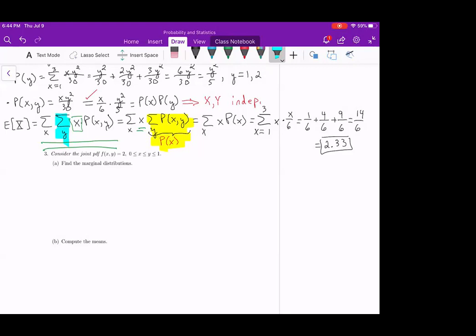Wait, is that the formula, where you're summing over y of p of x, y or something? That is the expected value of x when you have a joint PDF or joint PMF. It's the same logic that you did in the one variable case.